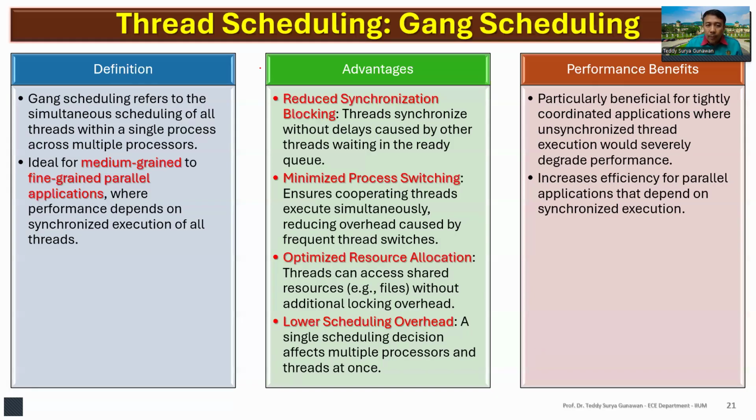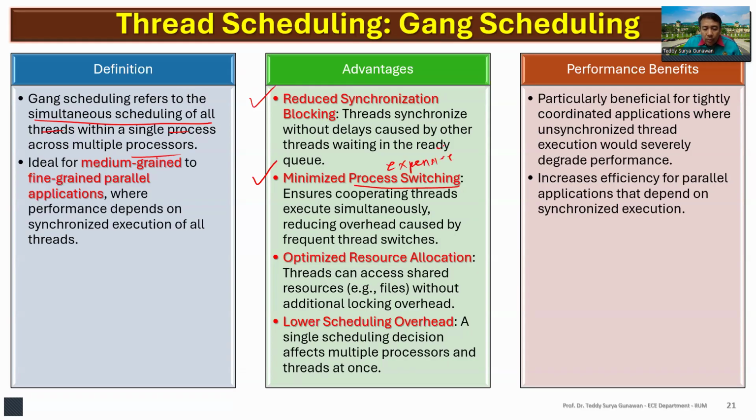Okay, so gang scheduling: the simultaneous scheduling of all threads within a single process across multiple processors. This is ideal for medium grain to fine grain applications. The advantage is reduced synchronization blocking and minimized process switching. Remember, process switching is expensive.